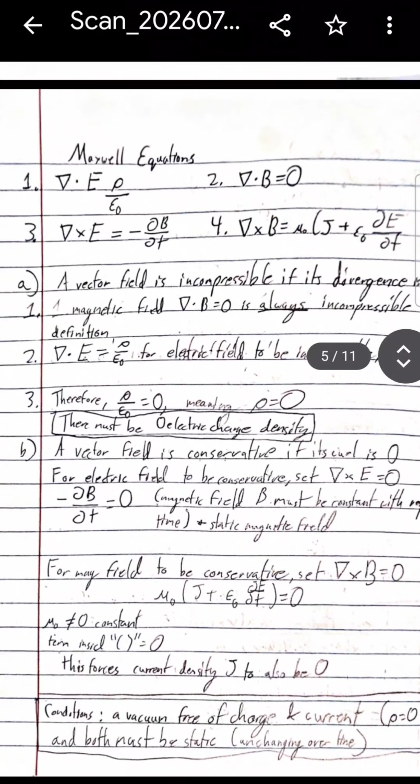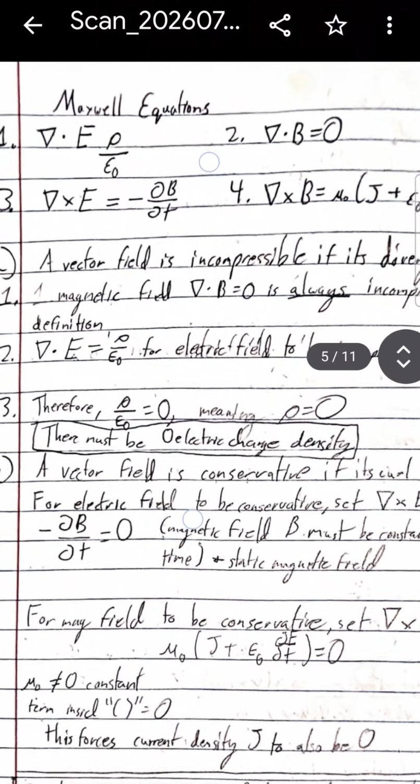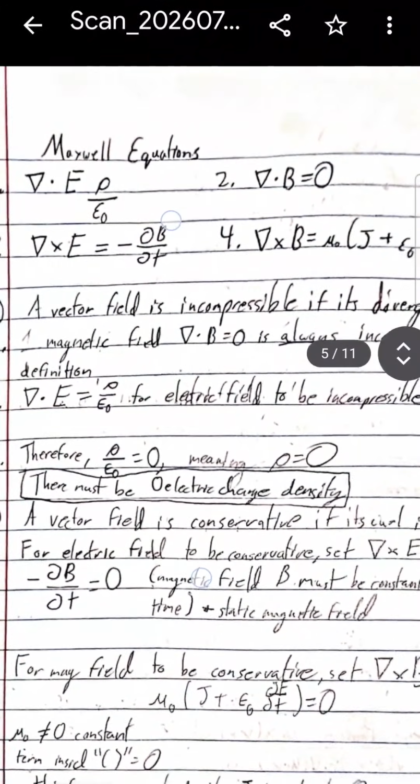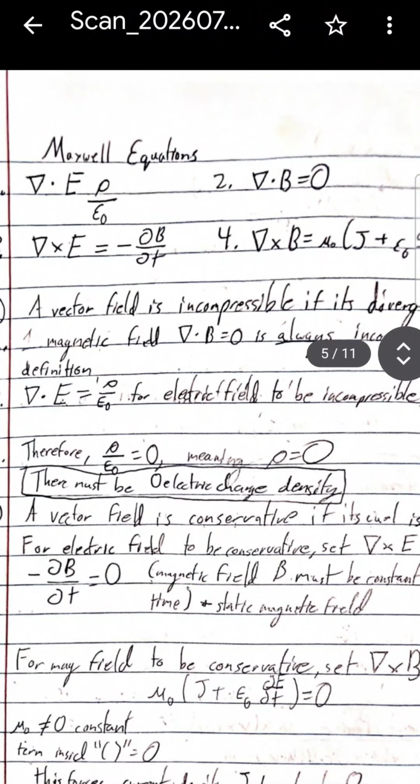For the electric field, del dot E equals rho over epsilon, which is the electric charge density, rho, over epsilon, the permittivity of free space.